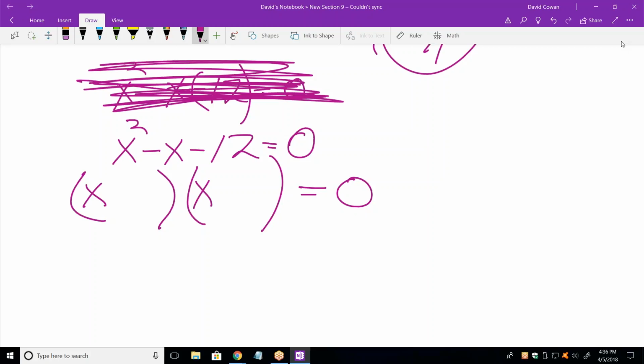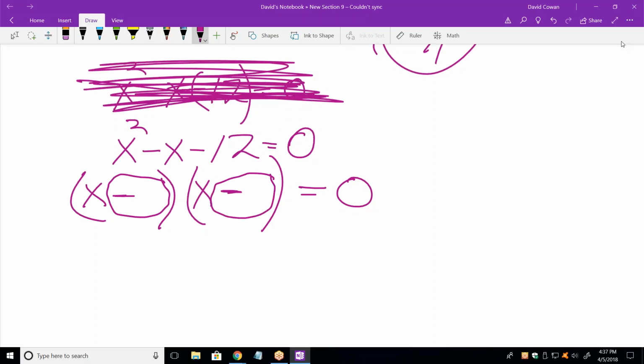Second step is to determine the sign, and the sign is going to be minus due to the middle term. You have to determine both signs. Oh, they're both minus? No, if they were both minus, that wouldn't be a minus 12, because remember the last step of FOIL is where you multiply that number times that number.